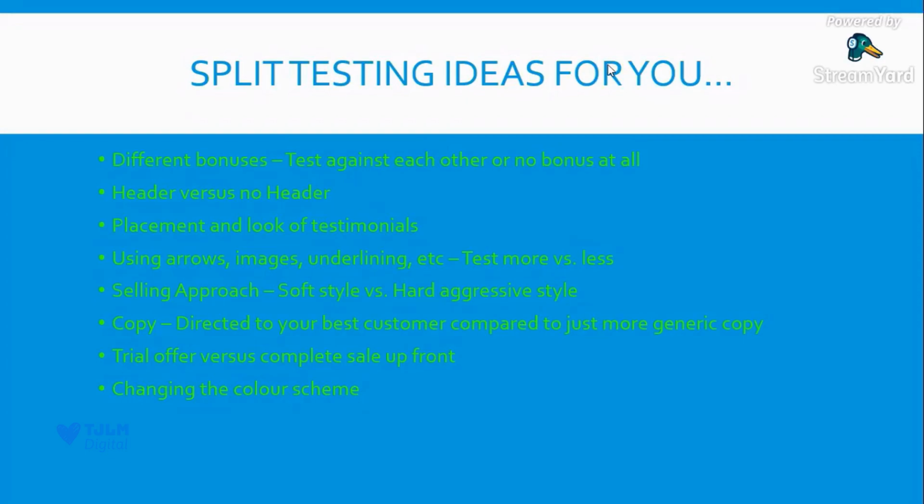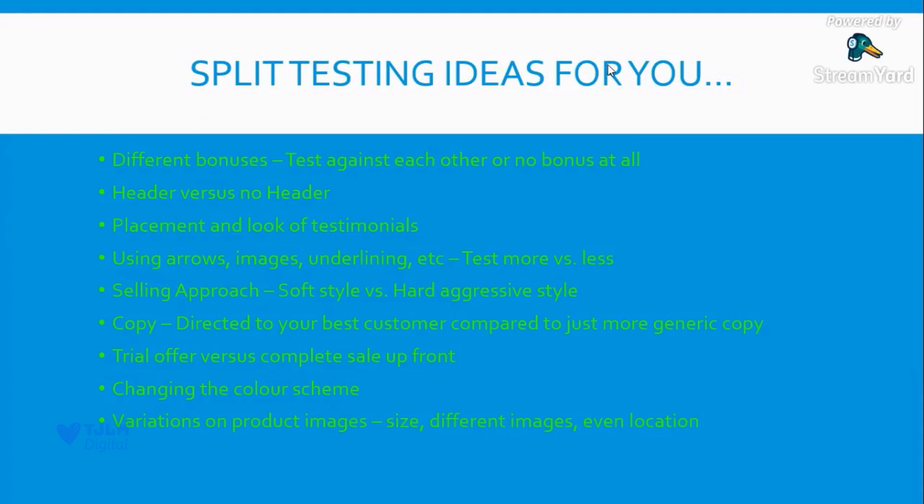So they built out a completely different one. Completely messed up the colors. It was like the ugliest thing I'd seen. I think they were like brown and yellow or something like that. And man, that thing was converting like you wouldn't believe. They shut down the big fancy one they paid for and stuck with the ugly one that they made. It's that simple sometimes. It's crazy.